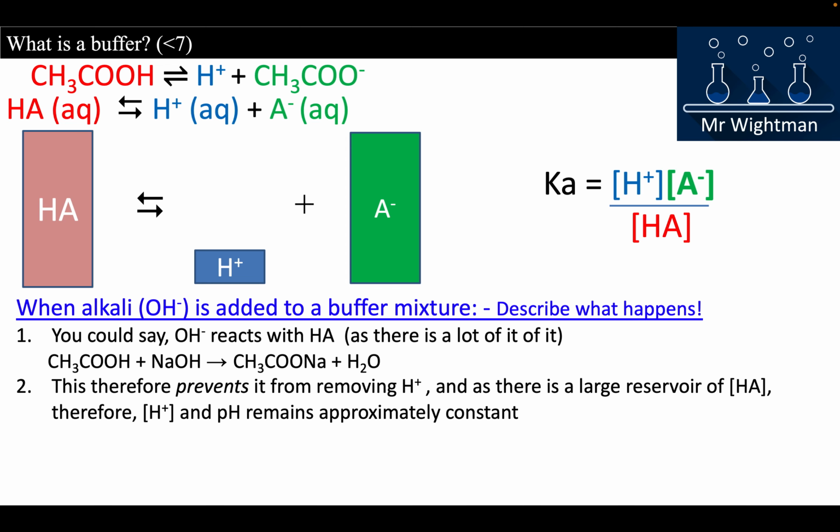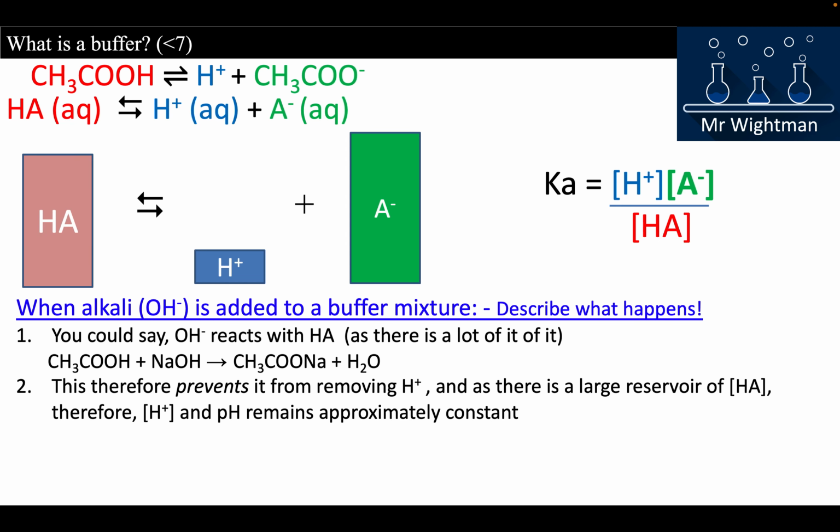That would therefore prevent the hydroxide from reacting with the H+ and removing the H+, and therefore the H+ is going to remain approximately constant. And you have a large reservoir of HA and A- still, and so your buffer resists change through the H+. So the hydroxide you've added is going to bump into HA and react with it instead of reacting with your H+. There's quite a lot of it, so it will most likely do that.